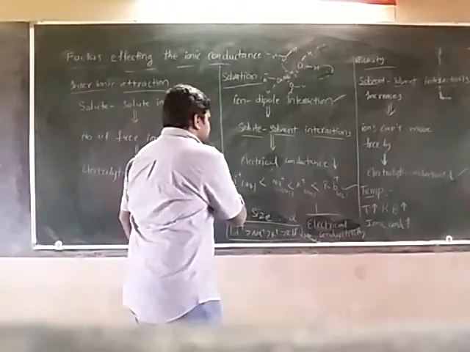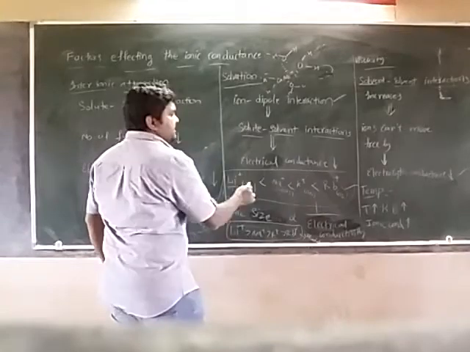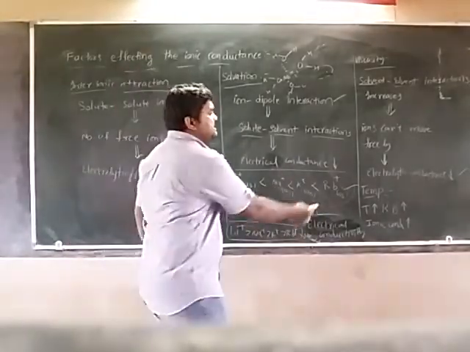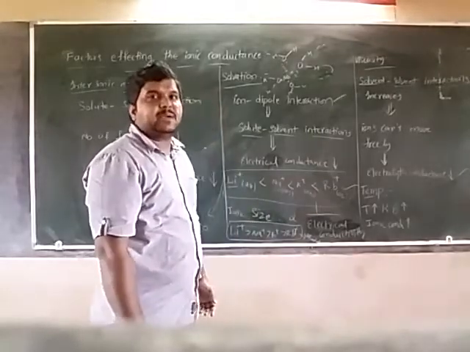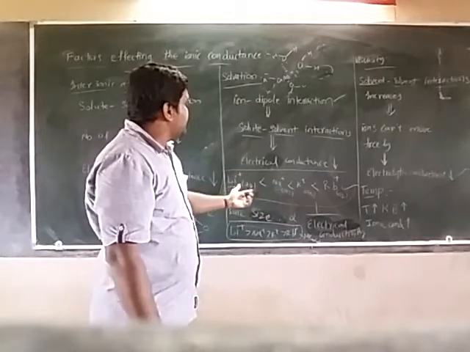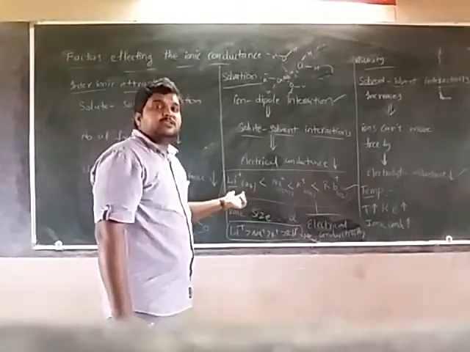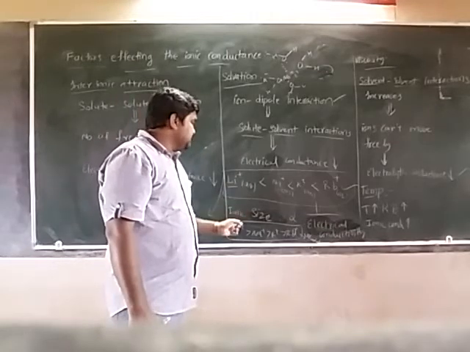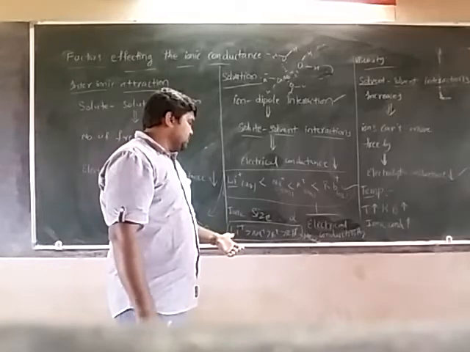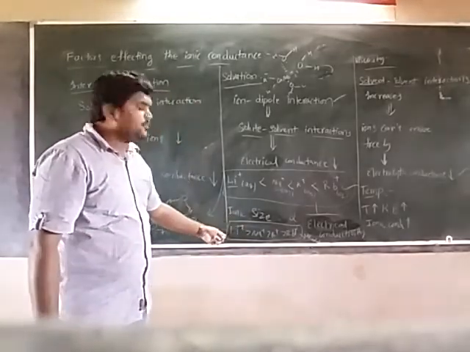For example, with lithium, sodium, potassium, rubidium ions in aqueous state, rubidium plus shows more electrical conductivity because of less solvation and more size. Lithium plus has less electrical conductivity because of more solvation. Ionic size is inversely proportional to electrical conductivity, and this is the order of solvation.